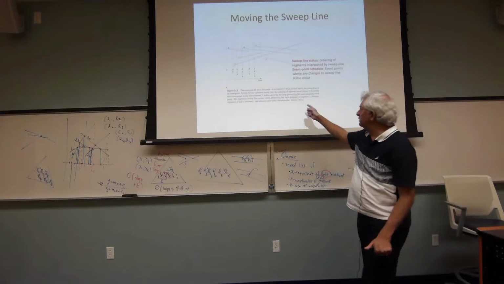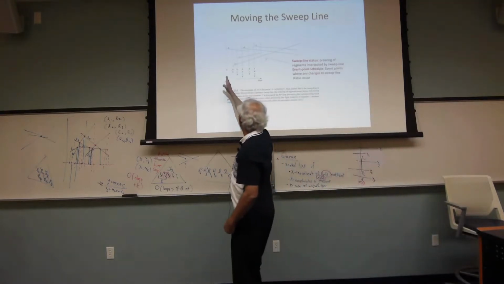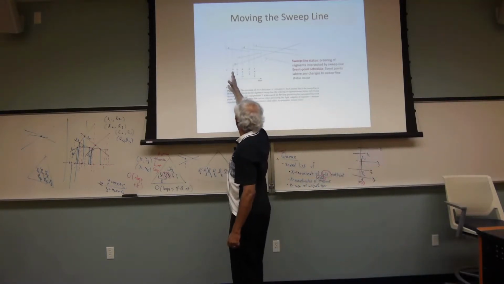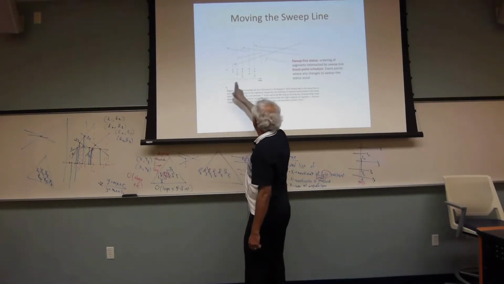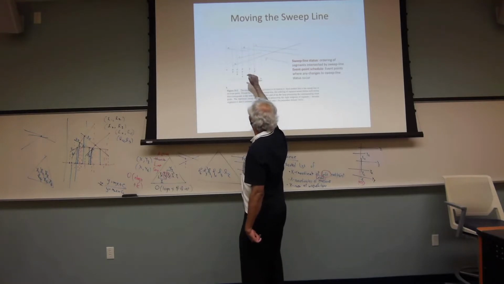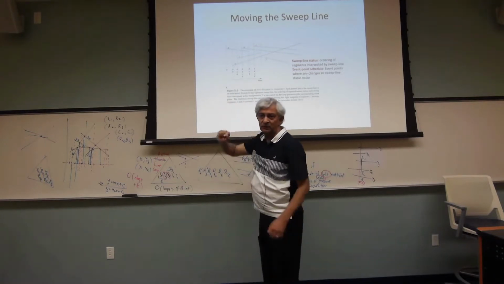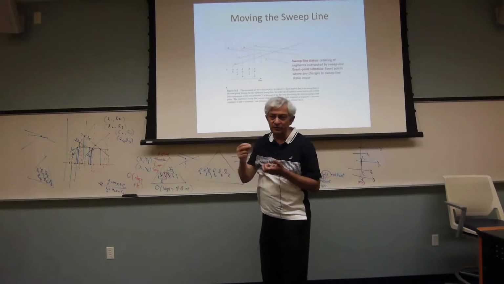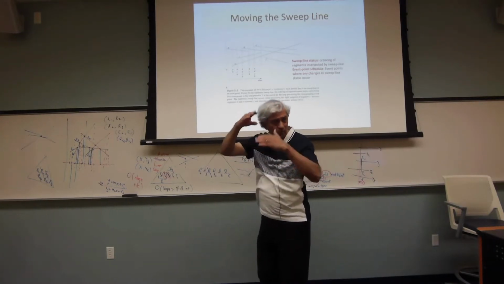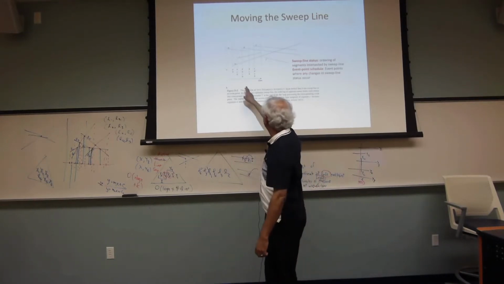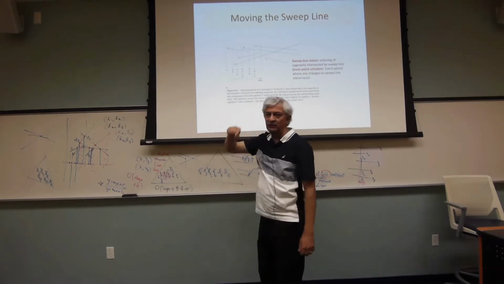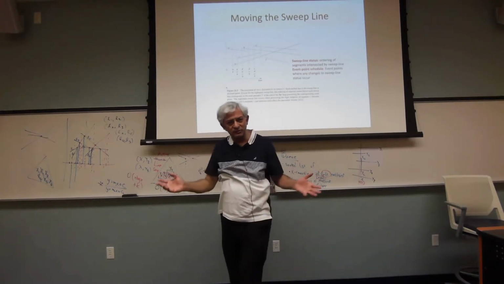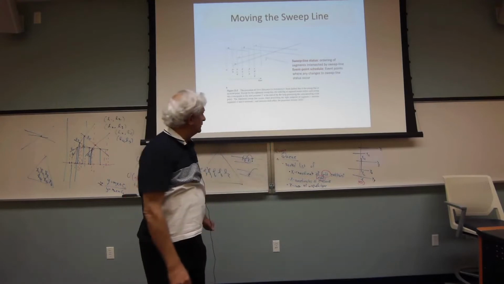You can look here at what happens as you sweep the line. Over here, it's only A. Over here, A is above B. Over here, A is above C above B, right? Over here, it's D followed by A followed by C followed by B. So when you insert them, you have to know in what order they will show up. So you get to see what this data structure looks like. Here, it's just shown as a list, but actually you store it in a red-black tree.